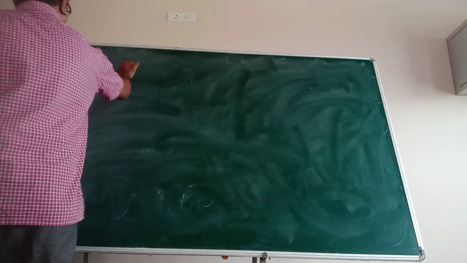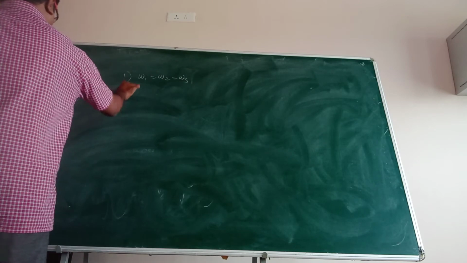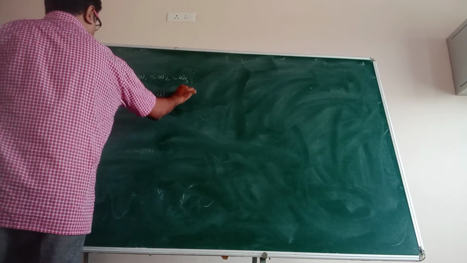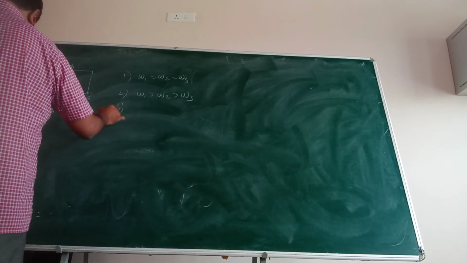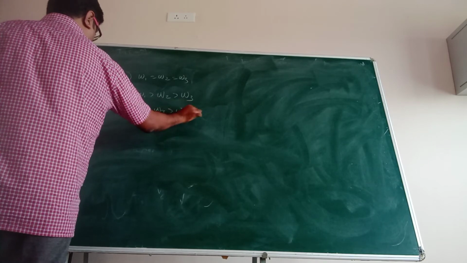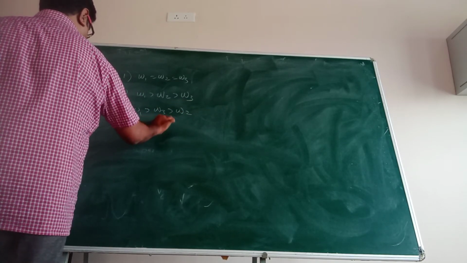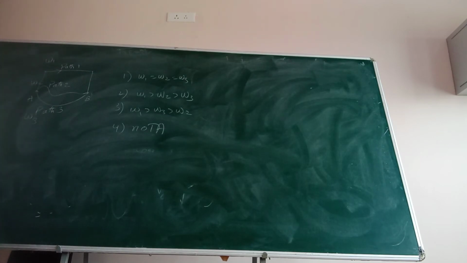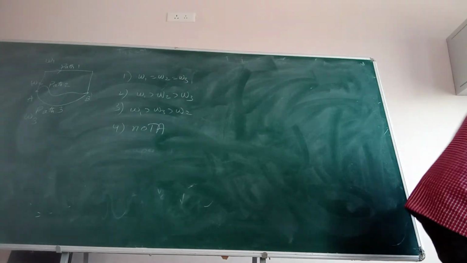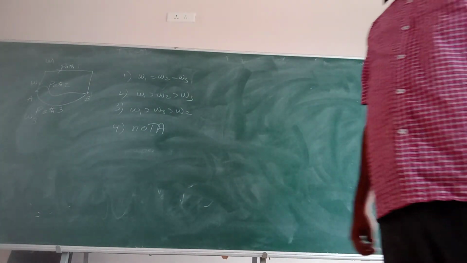The first option is W1 equals W2 equals W3. Second is W1 greater than W2 greater than W3. Third, W1 greater than W3 greater than W2. And fourth is NOTA. What is NOTA? None of the above. These days when you cast a vote they also put a NOTA option.